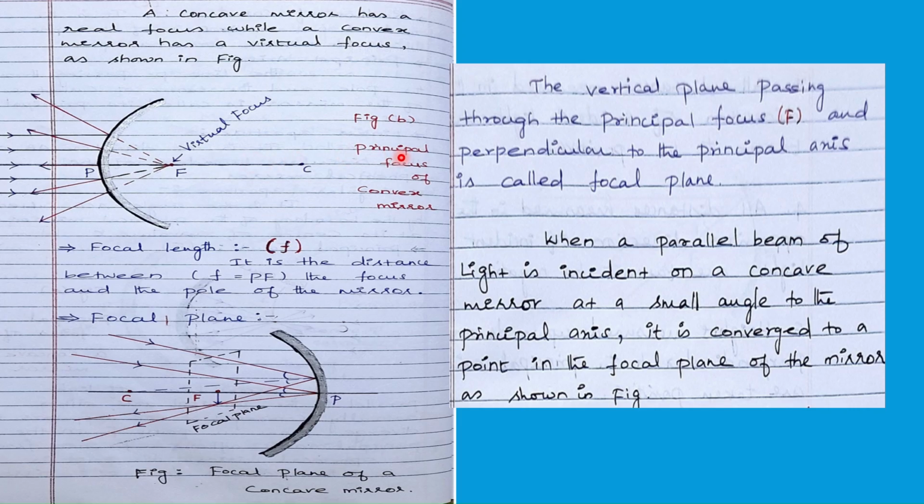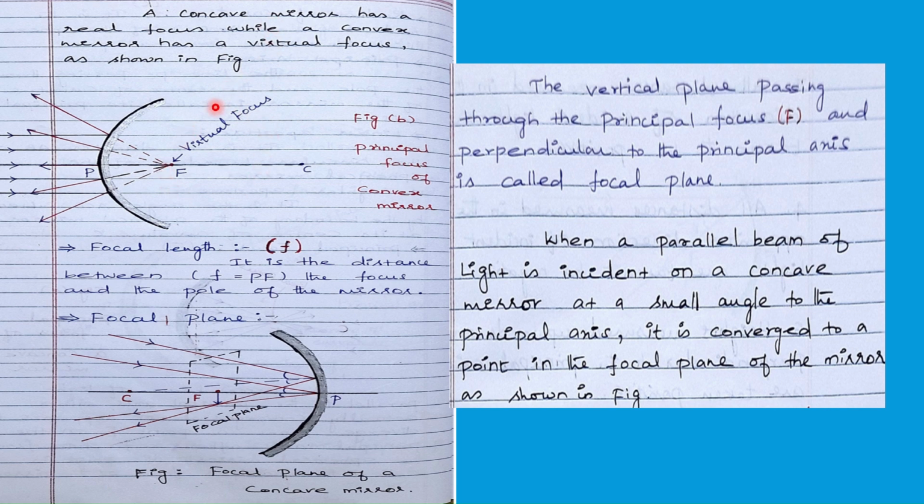The second diagram, figure B, shows the principal focus of a convex mirror. Already we know that the inner surface is silver coated, and the outer surface is used to reflect the beam, so it is a convex mirror. A concave mirror has a real focus, as already discussed, while a convex mirror has a virtual focus.